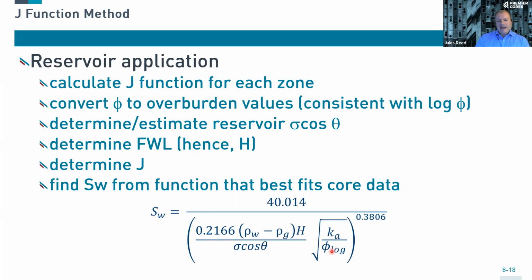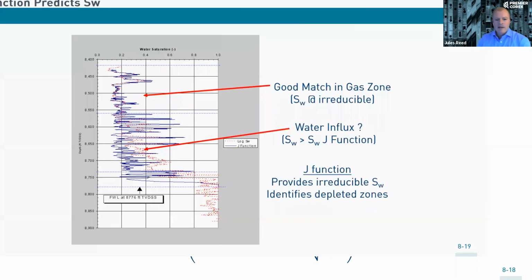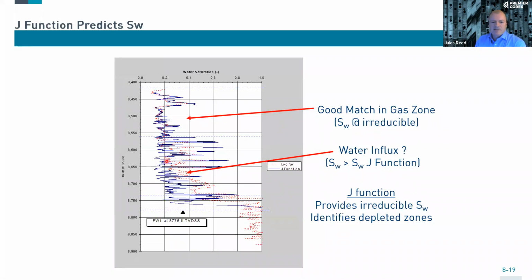So now for any given height with a known log porosity and its corresponding permeability, I can calculate saturation. And I can then plot that against my log saturation, the log data depth, and see how it matches.